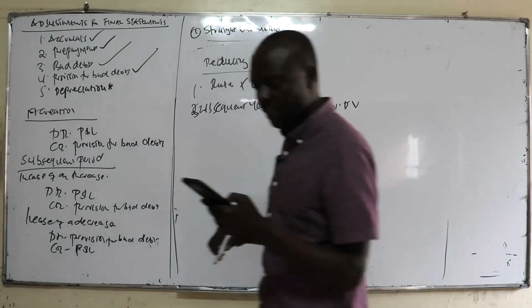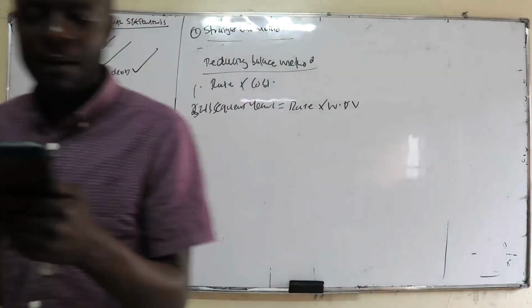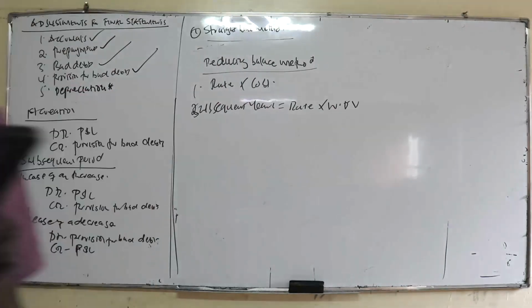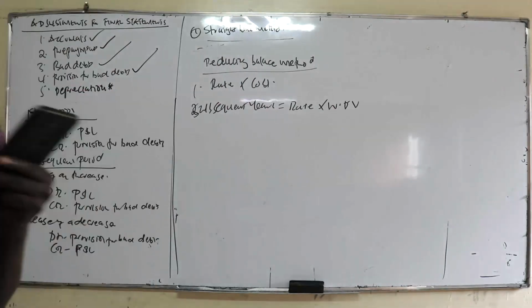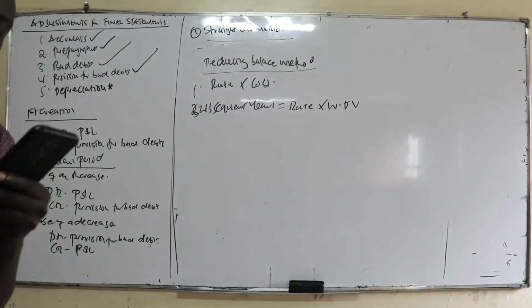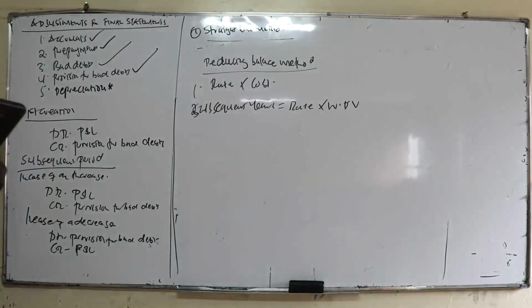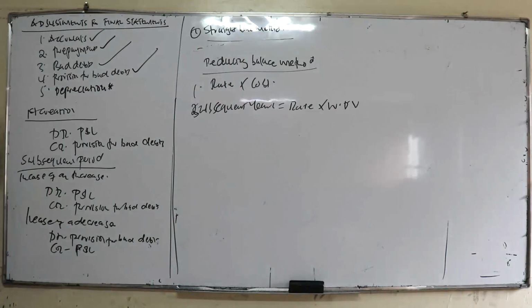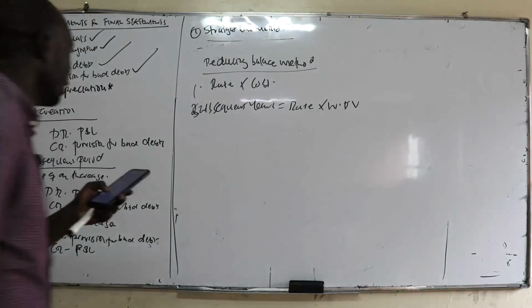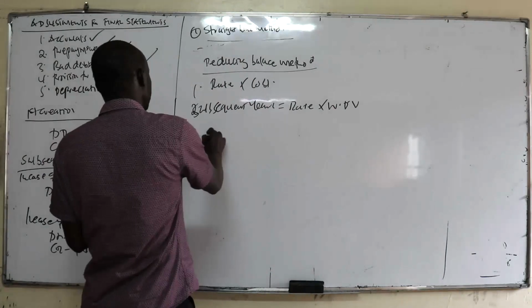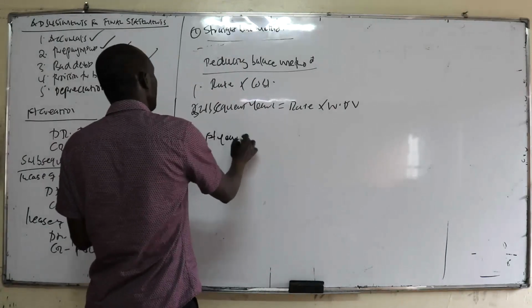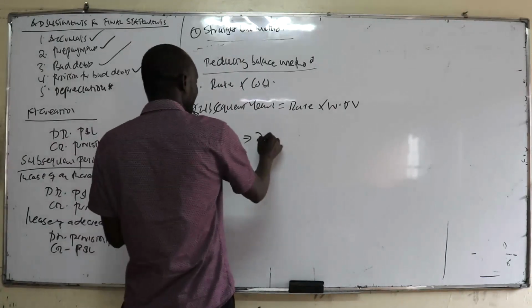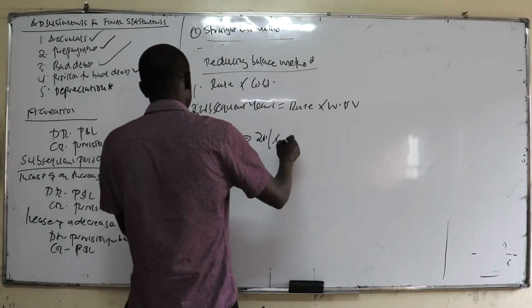So for example, a firm buys a machine for 100,000 and it provides depreciation on the machine at 20% per annum, reducing balance method. The depreciation charge to profit and loss will be as follows for the next 3 years. Here, the first year is going to be the rate, which is 20%, times the cost, which is 100,000.